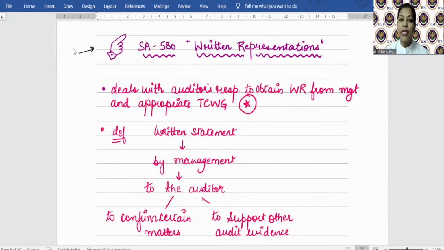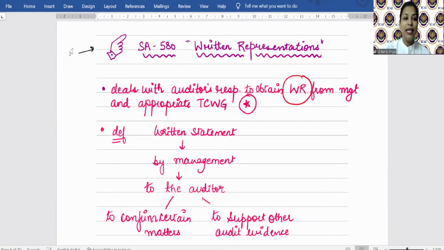The name is very simple, written representation, and written representations are popularly known as what? WR, written representations. Okay? So, students, as I always tell you, the standards on auditing contain certain responsibilities that the auditor needs to follow while conducting the audit of the financial statements.